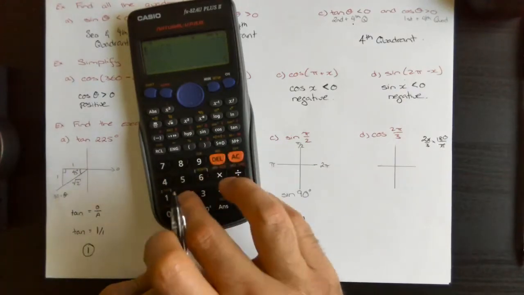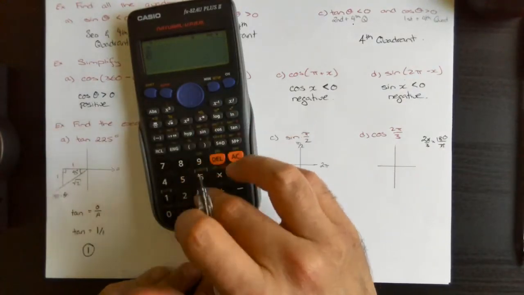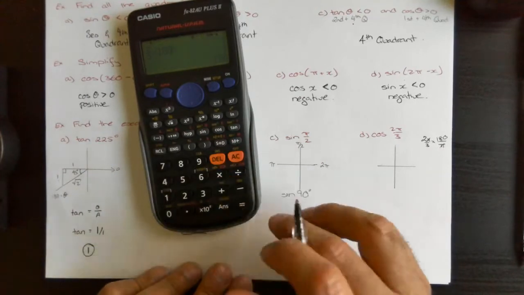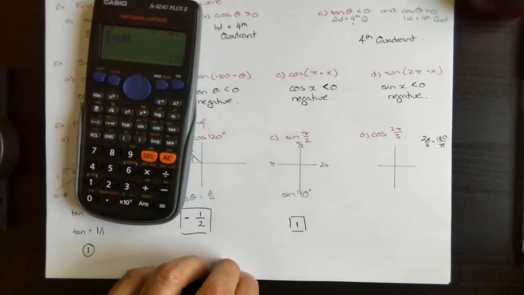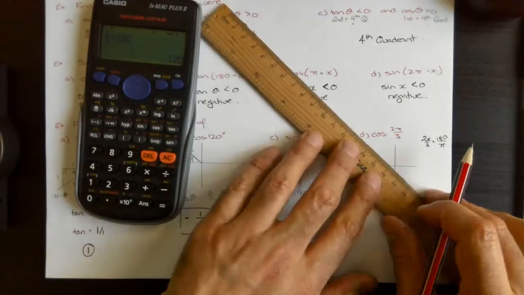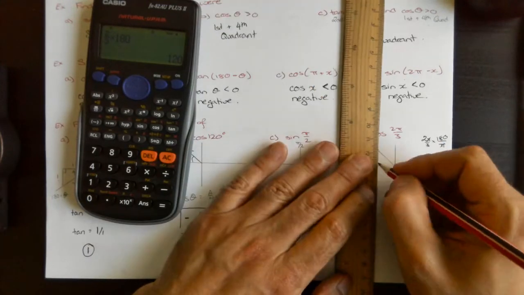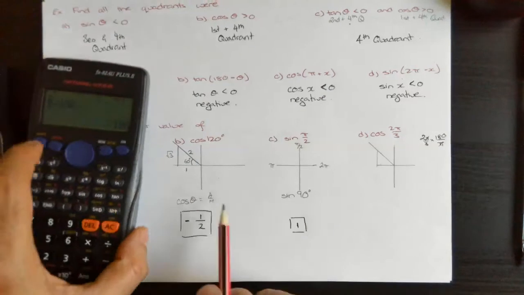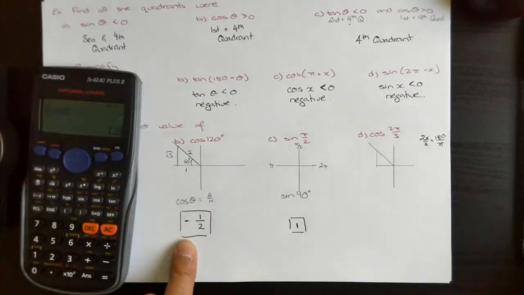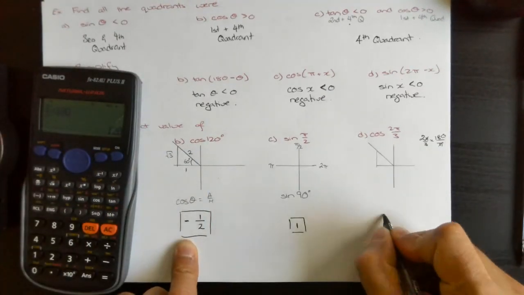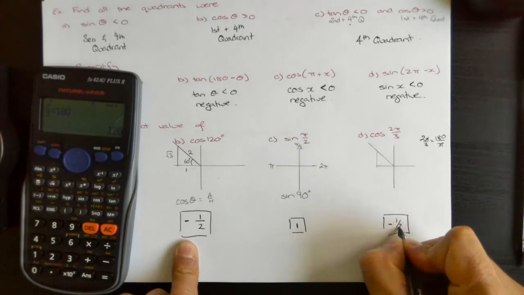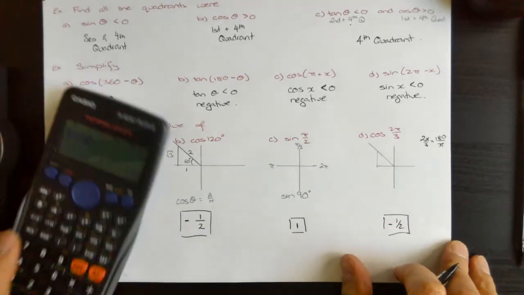So 2/3 times 180 is 120. So it's cos of 120, so it's back over here again. And we've done cos of 120. So our solution, same solution, is negative a half. Okay.